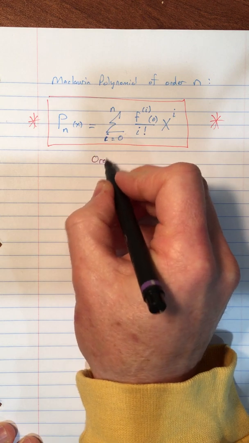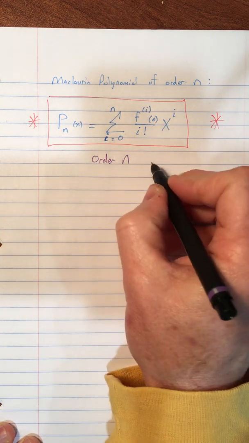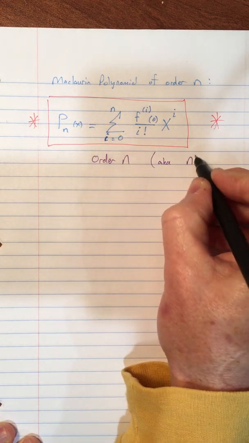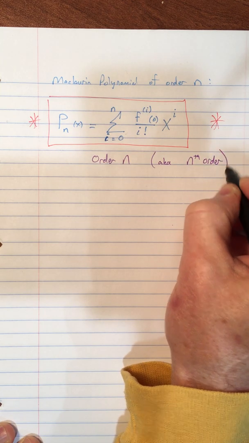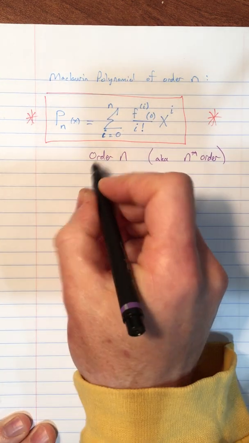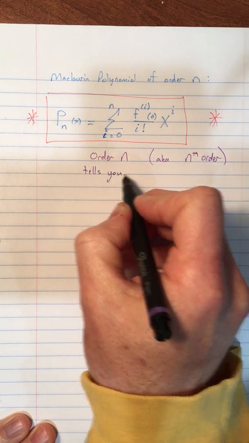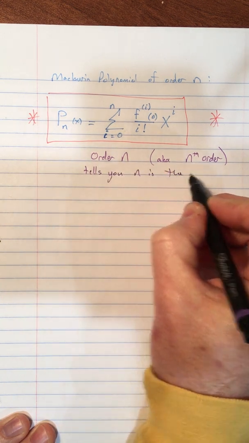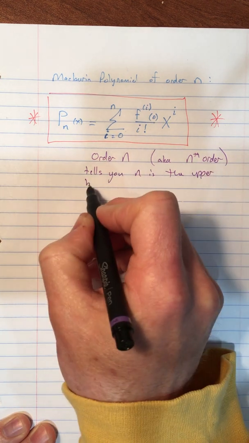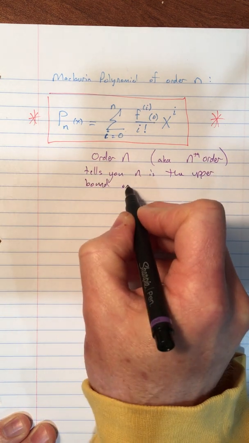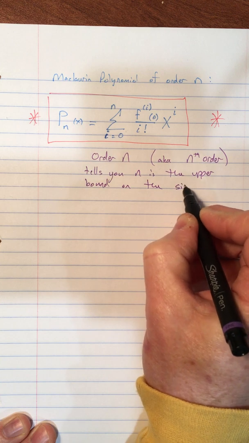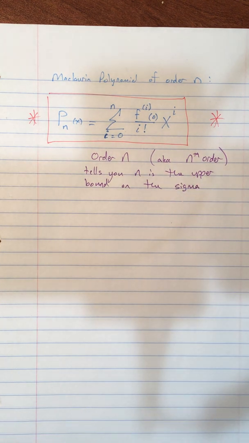Order n, the nth order, tells you the upper limit on your sigma notation. That's how many times you're going to go through this process.